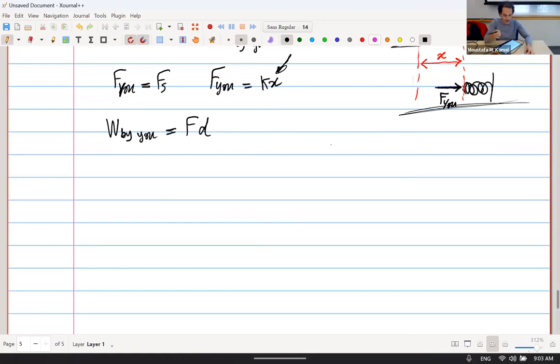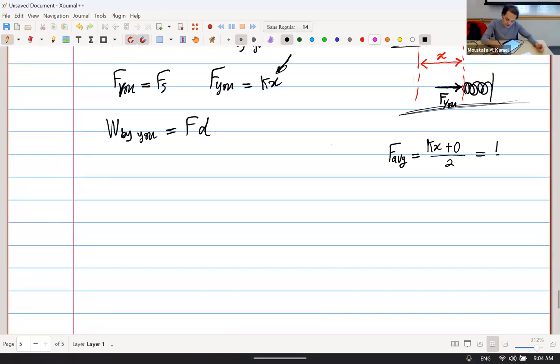So the average force, let's assume we started with no compression at all, and then we compressed it to amount X. So the average force is the first force plus the second force over 2, like a statistical average, okay? So Kx plus 0 over 2. And the 0 is because there was no compression in the beginning.